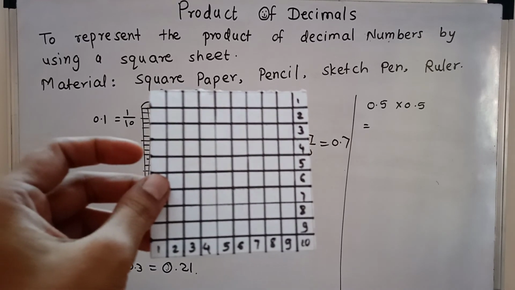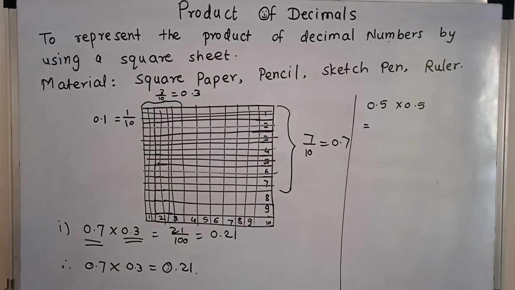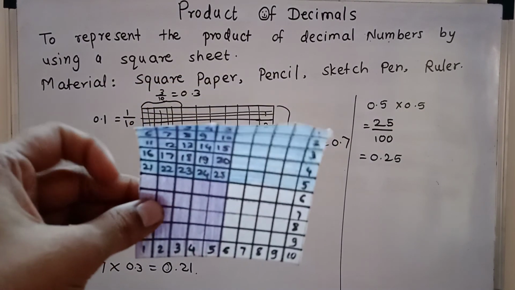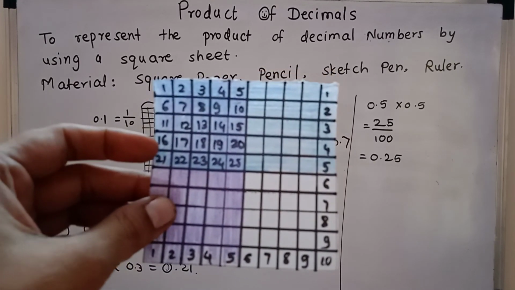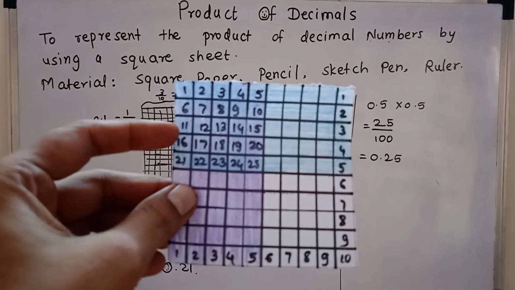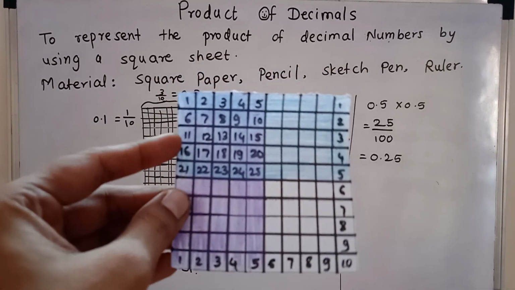For the second sum, again I have taken a square paper and drawn horizontal and vertical 10 lines on it. It will look like 100 squares on a square paper. We need to multiply 0.5 into 0.5.